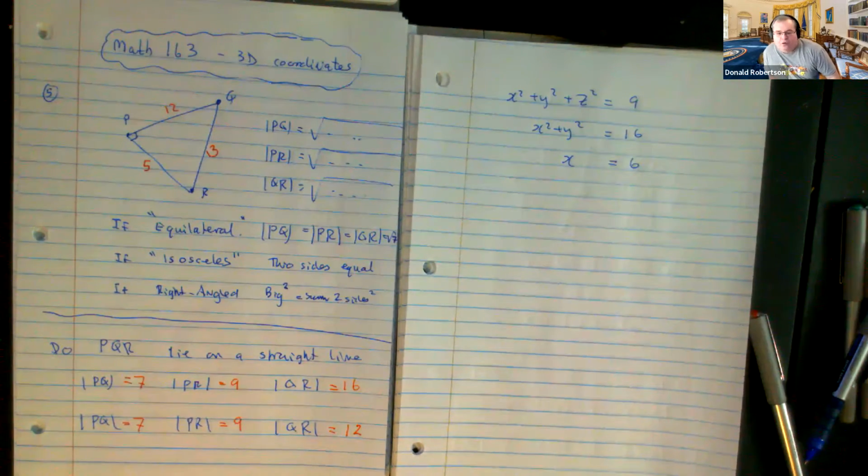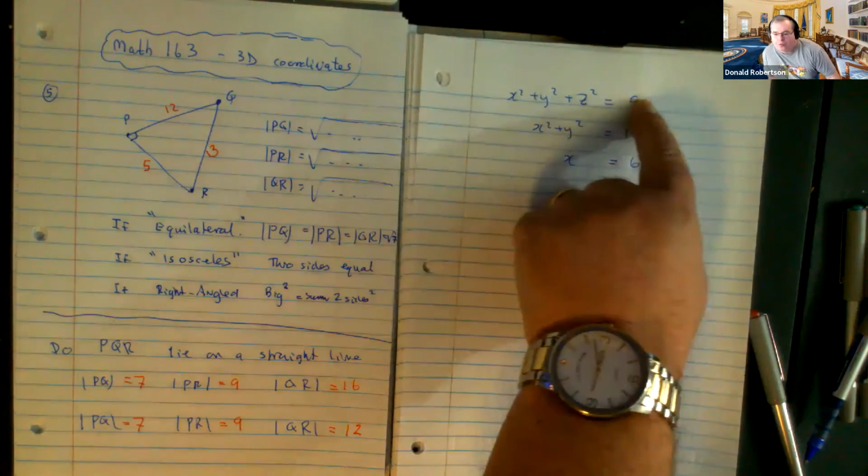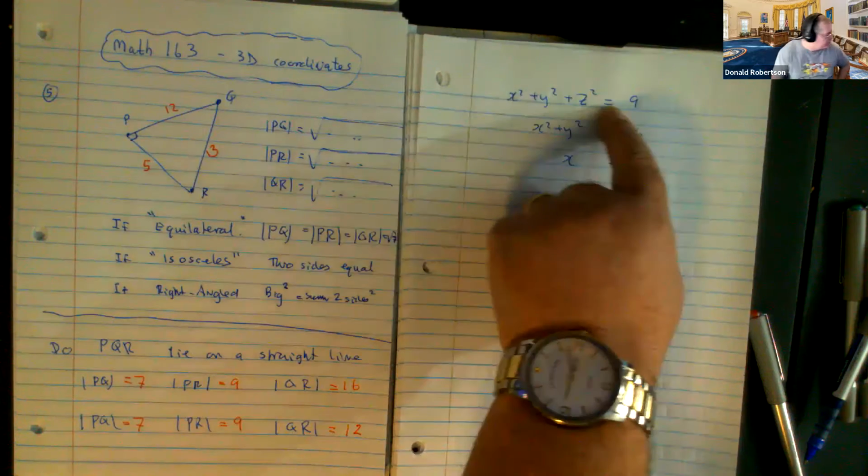What would all the points in 3D space that had this property be? What would that be? What surface?